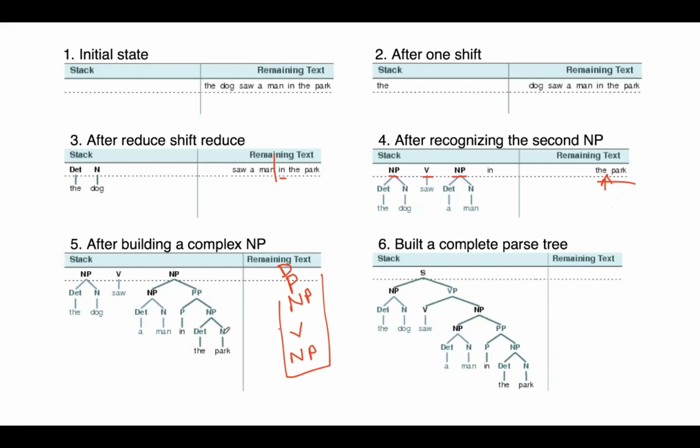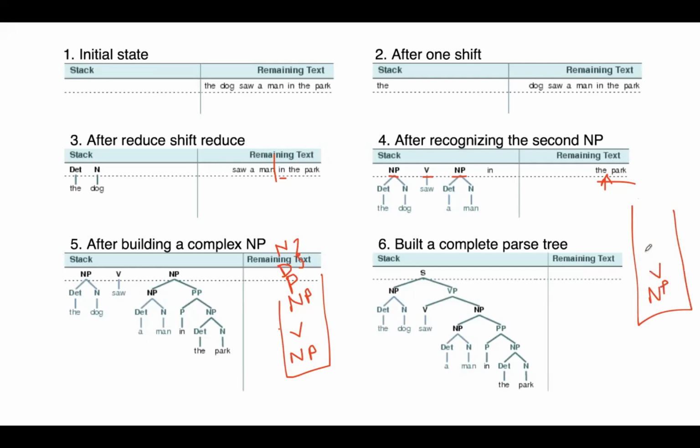Next, park. Park is a noun. I'm writing directly. First push park onto the stack and then replace that with noun. So now the stack has these elements. You can replace these two, this noun and determiner, with noun phrase. Let us do that first.